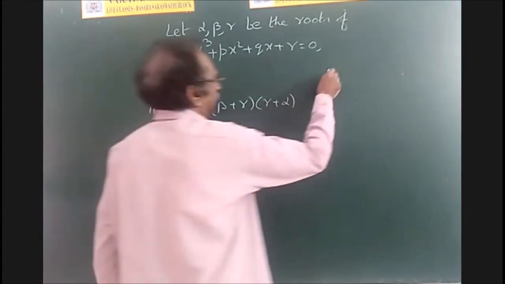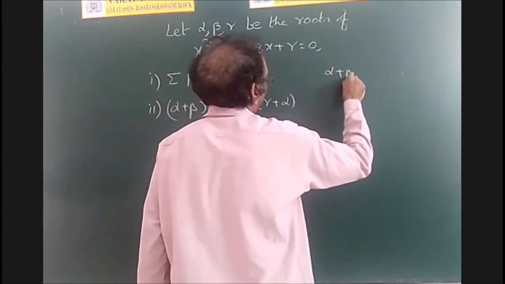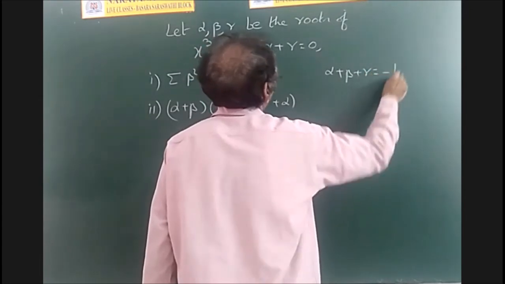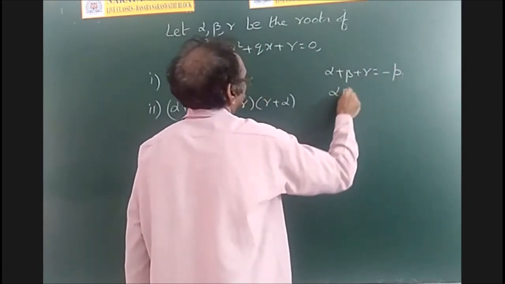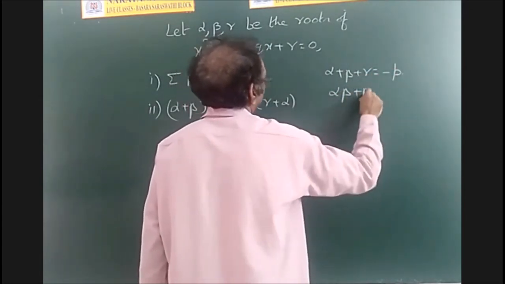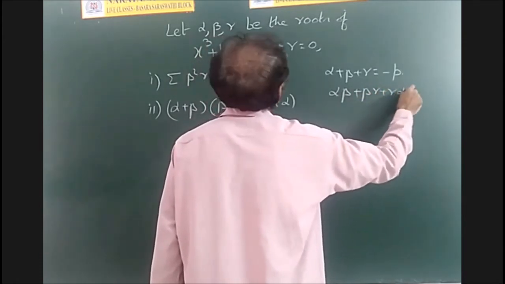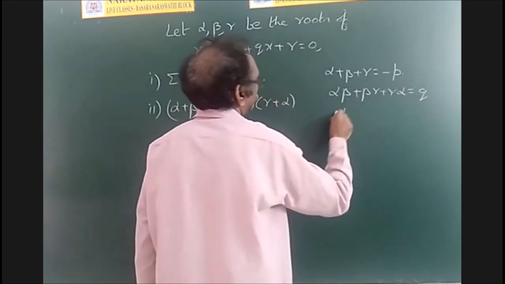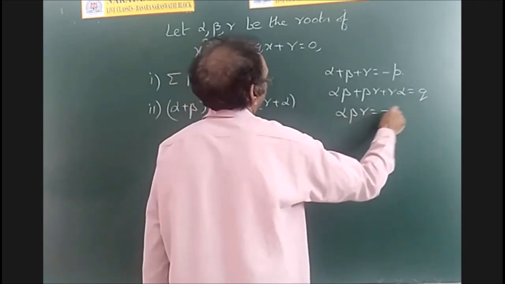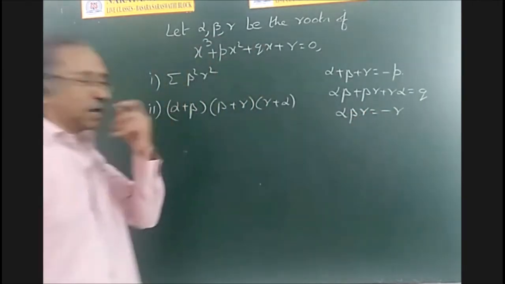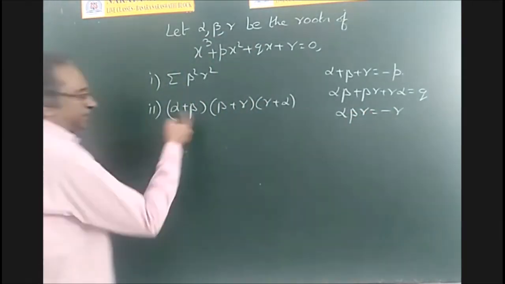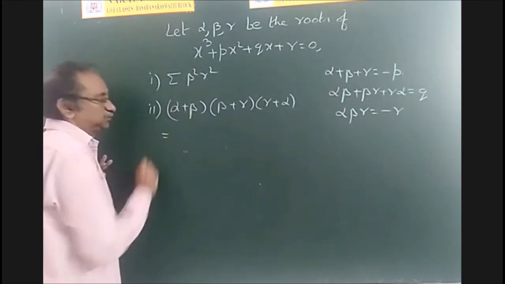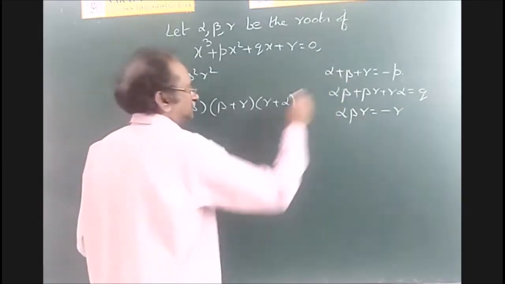See, once again I will write alpha plus beta plus gamma is equal to minus p, alpha beta plus beta gamma plus gamma alpha is q, and alpha beta gamma is minus r. So first of all I will find this one.